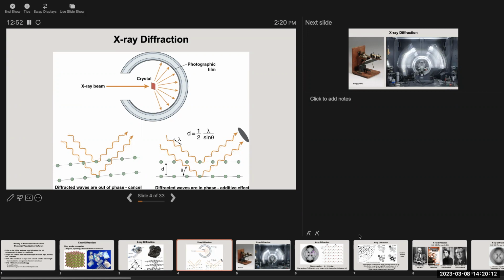And remember, with electromagnetic radiation, the thing that distinguishes one type from another, like one color of light from another color, or infrared from ultraviolet, or gamma rays, is the wavelength. So the distance between the peaks of those little squiggles in the orange line is the wavelength of the X-ray.